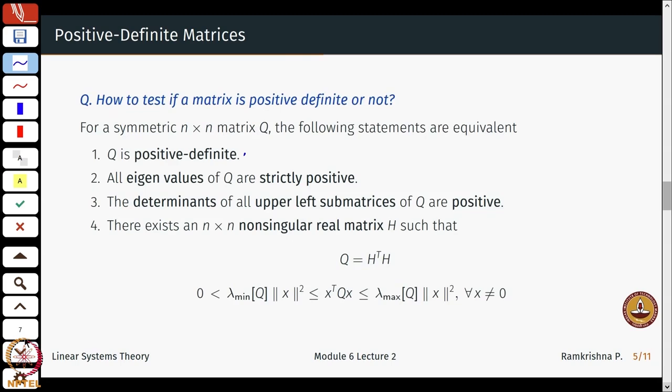For a symmetric n cross n matrix Q, whenever I say Q is positive definite, it also means that all eigenvalues of Q are strictly positive. Not only that, another way of testing is that the determinants of all upper left sub matrices of Q are positive. So, let us say I am just looking at a matrix of 3 cross 3.